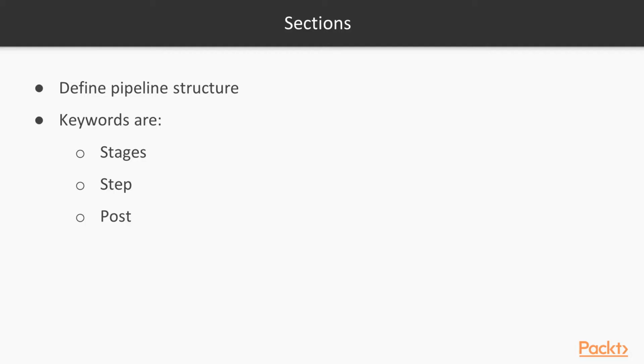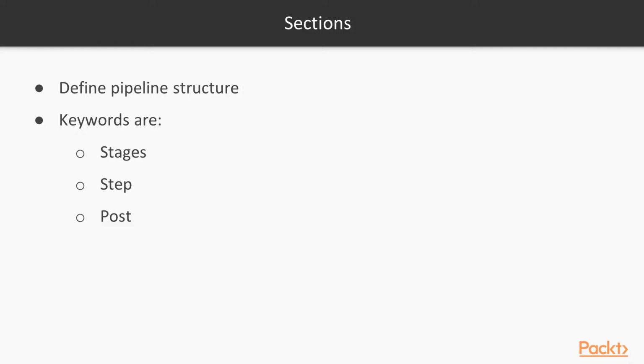Let's describe the most important Jenkins keywords. A declarative pipeline is always specified inside the pipeline block and contains sections, directives, and steps. We will walk through each of them. Sections define the pipeline structure and usually contain one or more directives or steps.